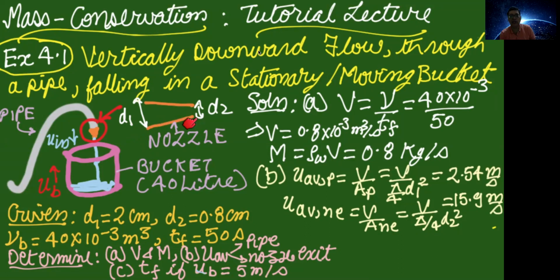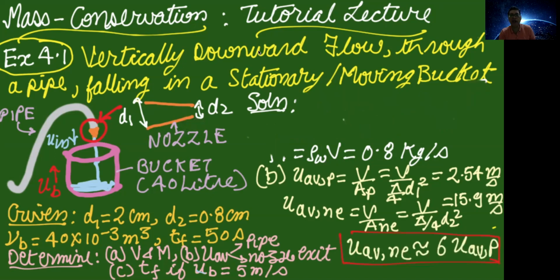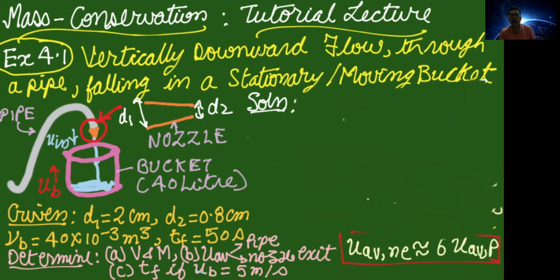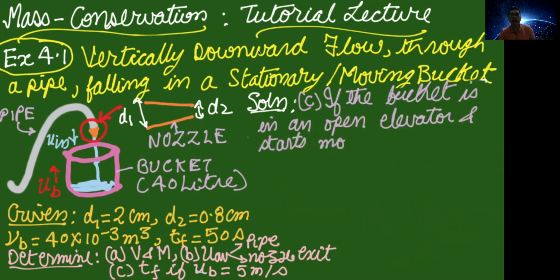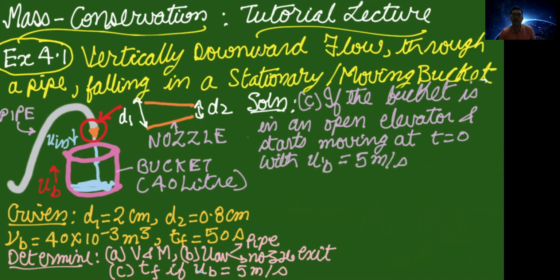So you can see that there is around 6 times increase in the average velocity when the fluid passes through the nozzle. A nozzle is a device commonly used in pipes to increase the average velocity of the fluid coming out from the pipe.